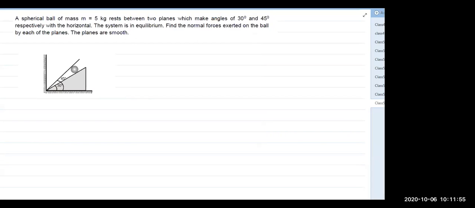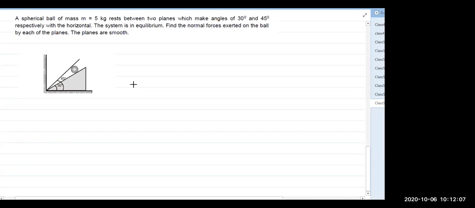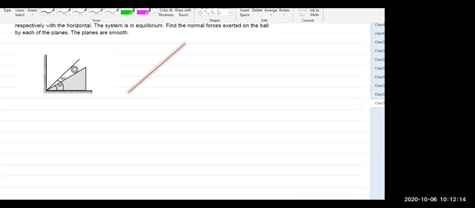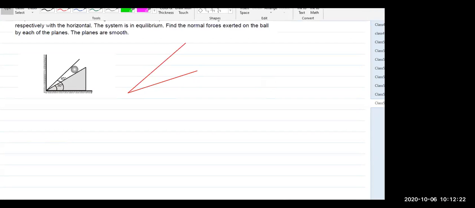So we will first draw a diagram for this. So if we make the diagram, 45 degree and 30 degree, and the ball is like this.